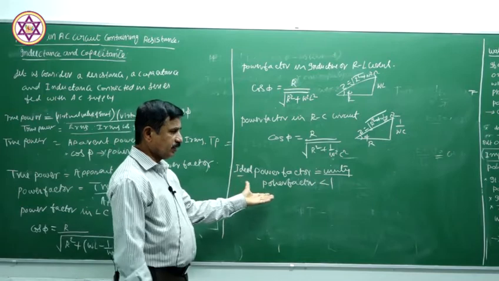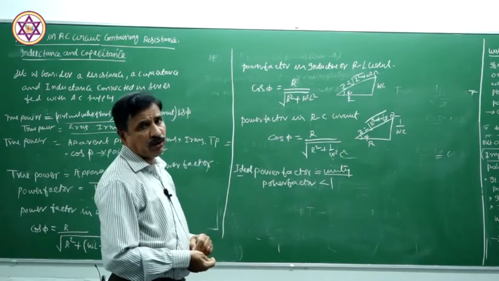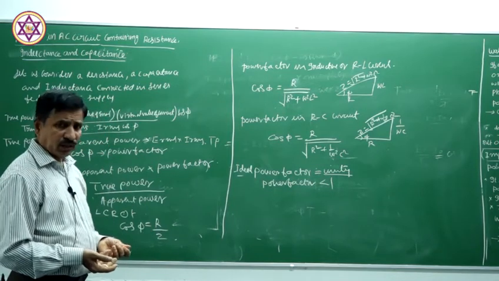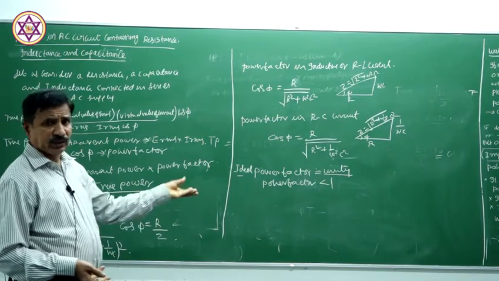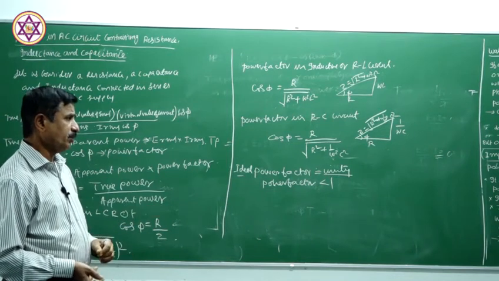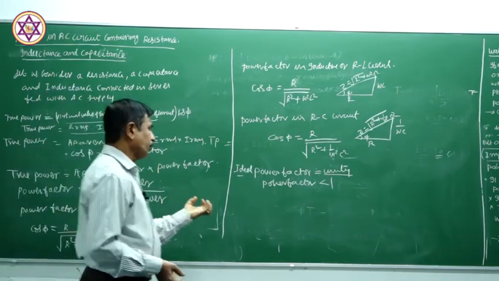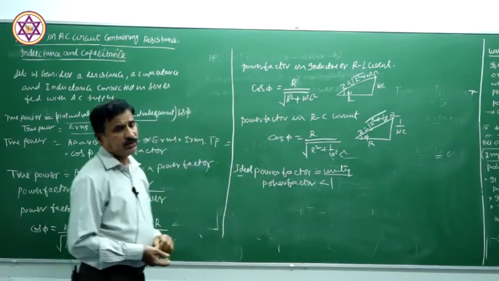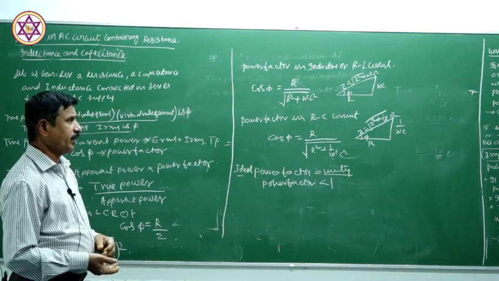If the power factor is less than 1, then we have to supply more current for the given amount of power, which will cause more losses to the company which supplies the power, because of transmission loss. So the power is used fully when the power factor is unity. When the ideal power factor is unity, maximum power consumption in the circuit takes place.